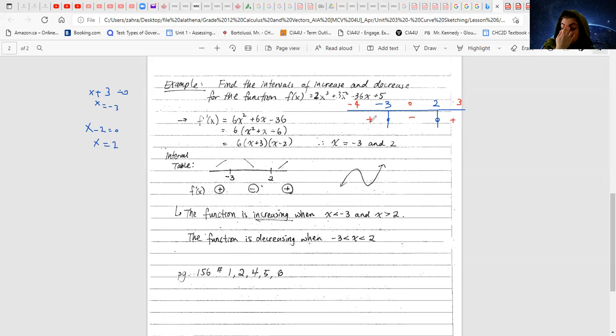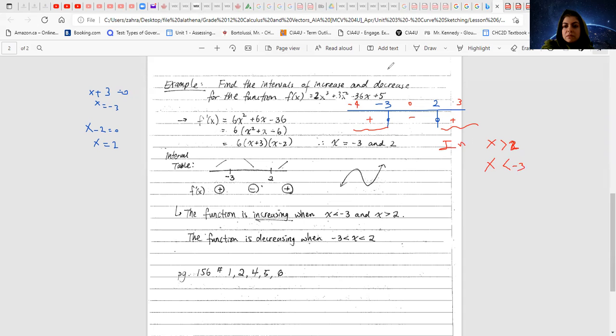As you see, the interval where your function is increasing is the one that is positive, right? So x greater than 2 and x less than negative 3.